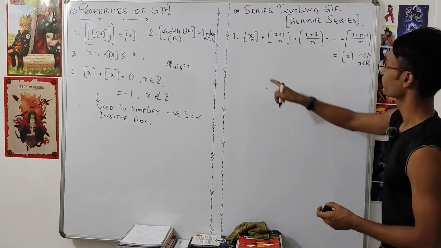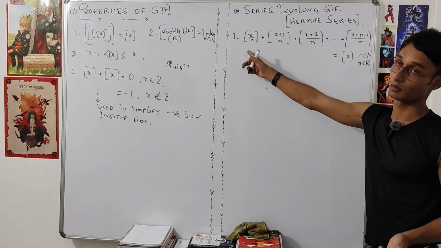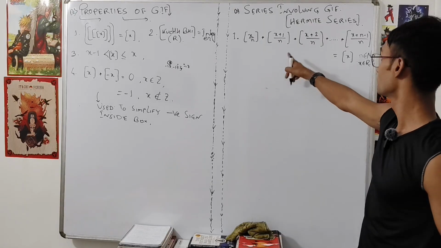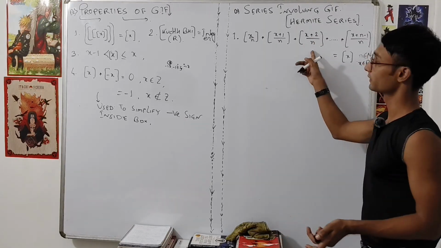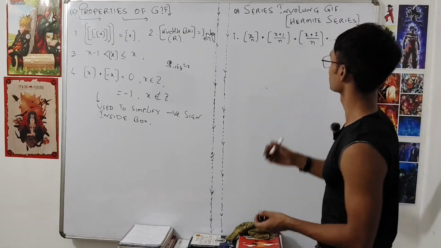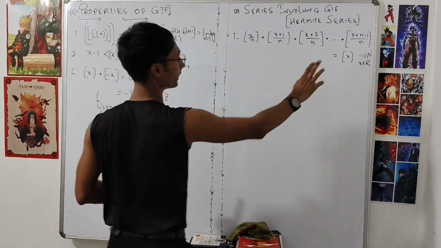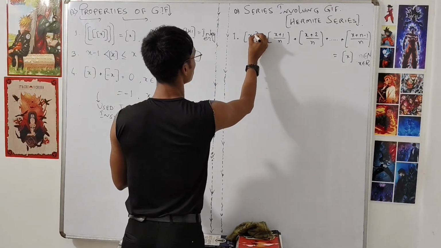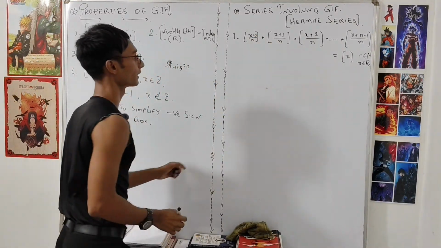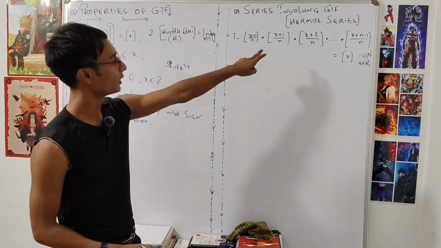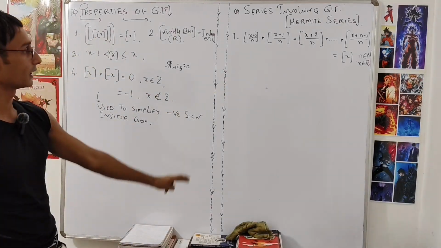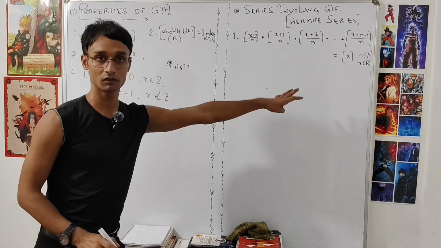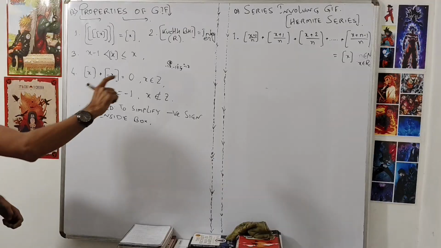So x might be 1, x plus 1 by 2, x plus 3 by, yes, sorry, if n is a fixed value from the natural numbers. So what is this? This is x plus 0 by n, and next one is x plus 1 by n, whatever is inside the box, and third one is x plus 2 by n, dot dot dot.